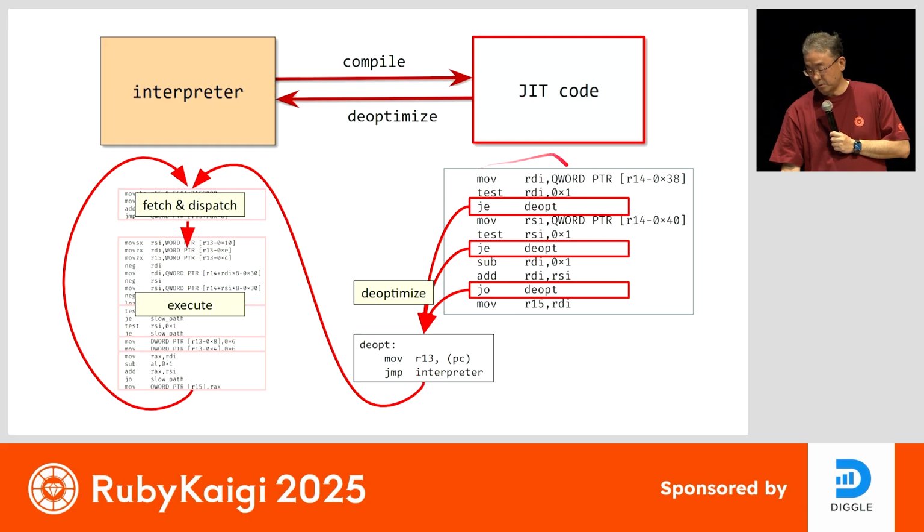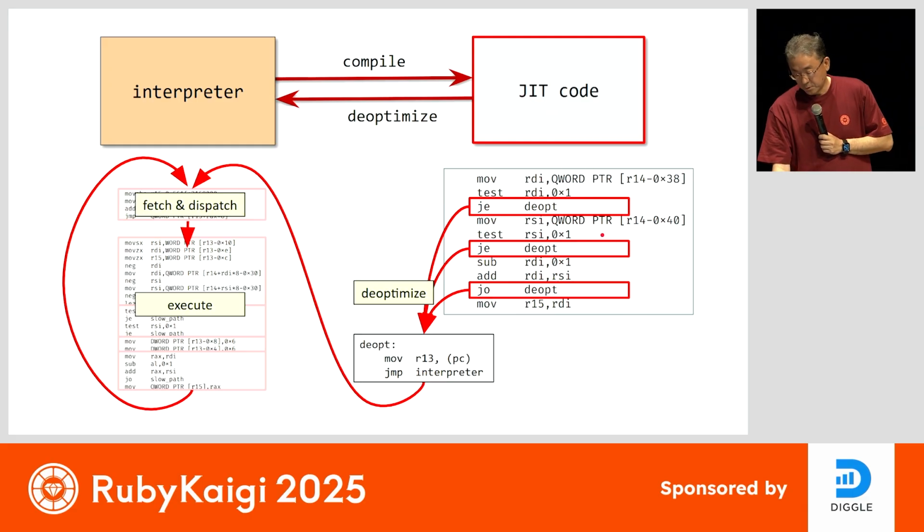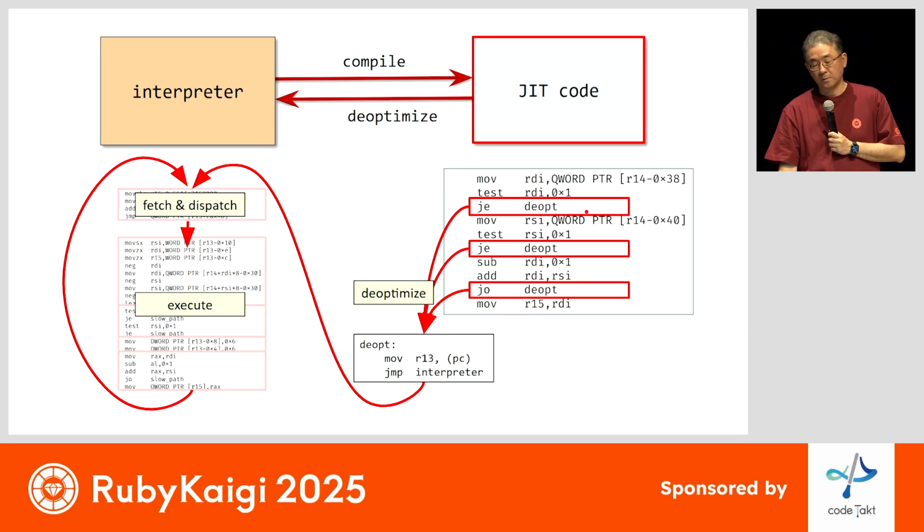And this is JIT code, and JIT code is compiled with some assumptions. An assumption means, for this method call, the receiver must be of class A. And Ruby is a dynamic language, so these assumptions sometimes break. If an assumption breaks, we must de-optimize.